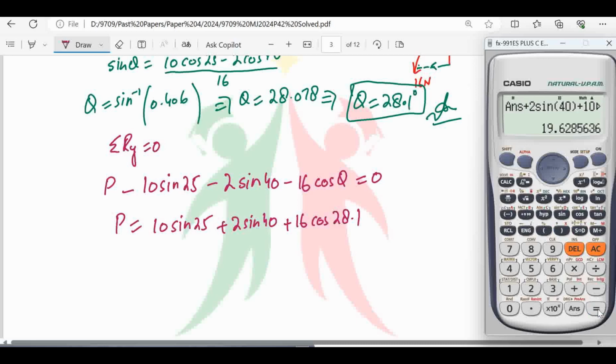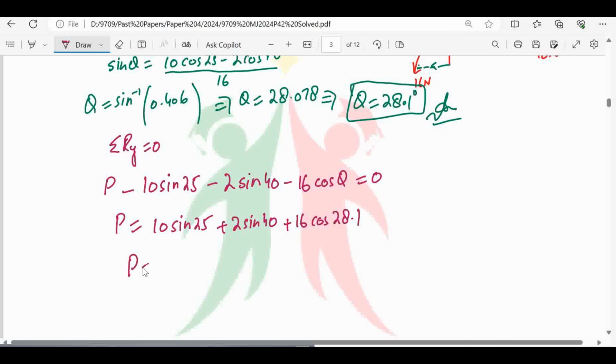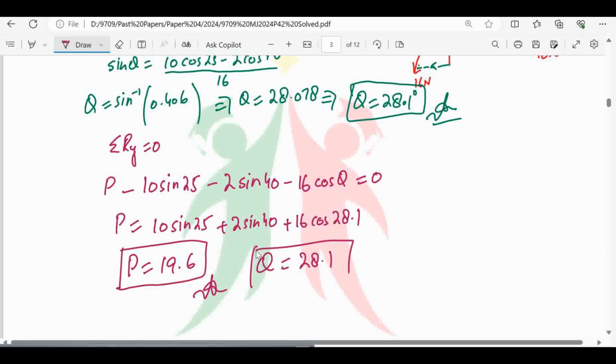So this will be equal to 19.628. So P will be equal to 19.6. This will be the answer for P, and theta is 28.1. So this will be the answer for theta.